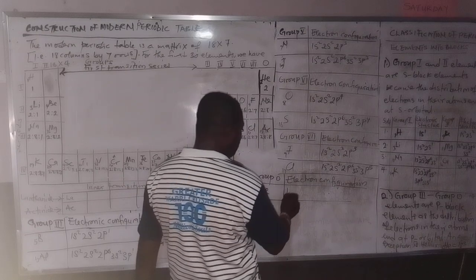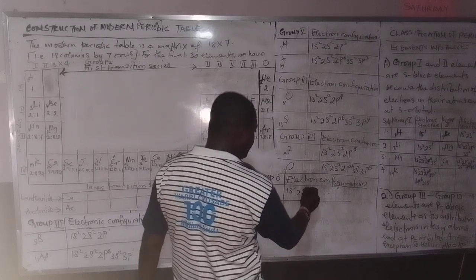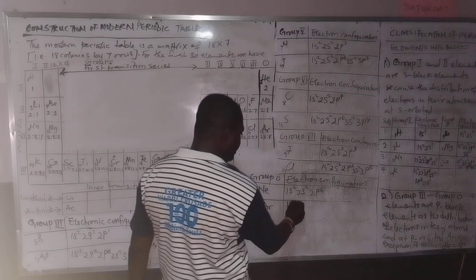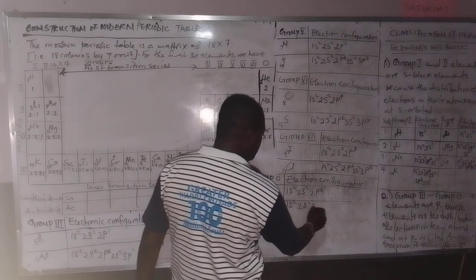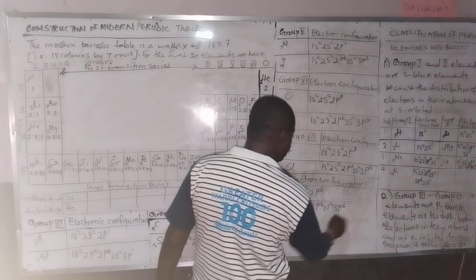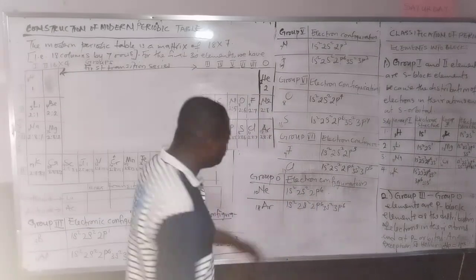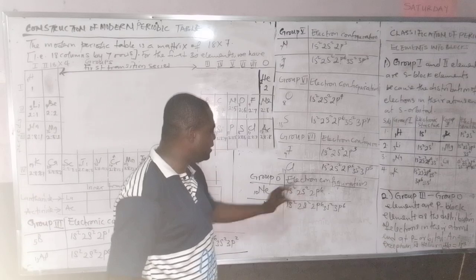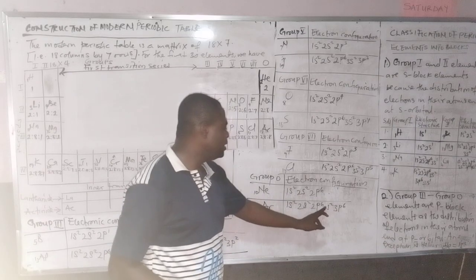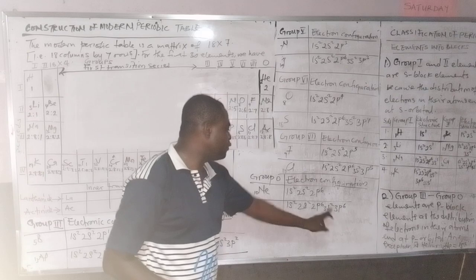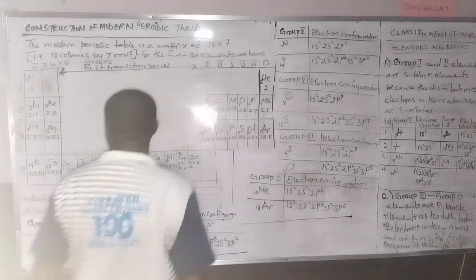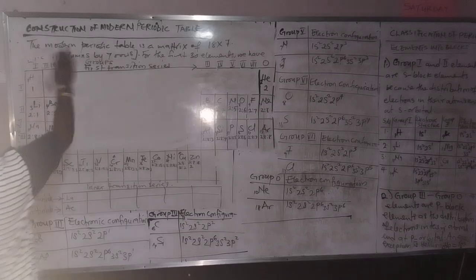So here we have 1s2, 2s2, 2p6. And here we have 1s2, 2s2, 2p6, 3s2, 3p6. If you add the powers together, you have 6, 7, 8, 9, 10. For this, 6 plus 12, 13, 14, 15, 16, 17, 18. So you can see that here now, what would I say?